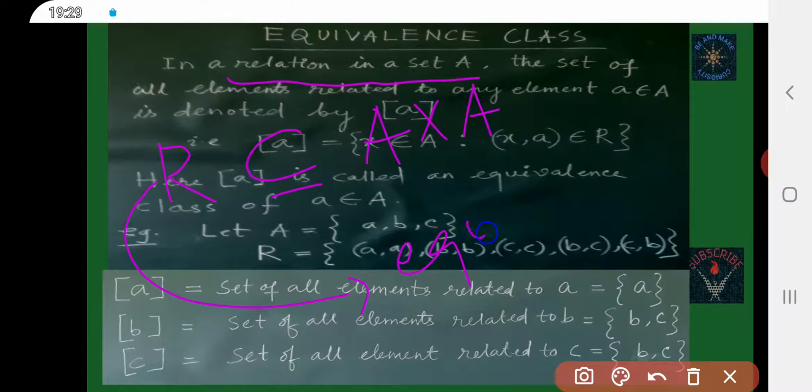So the relation must be an equivalence relation, okay? Otherwise we cannot get the equivalence class of a set A. Understood?